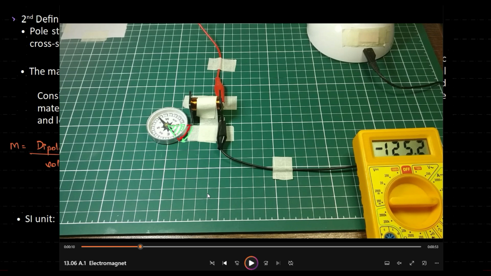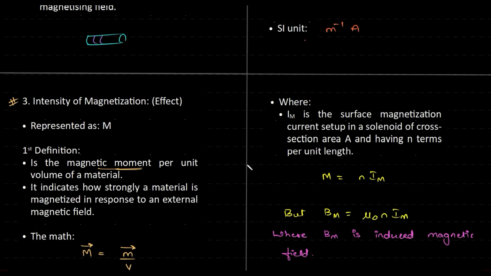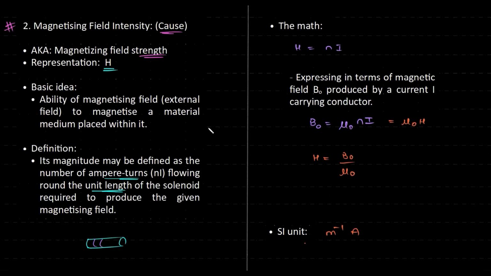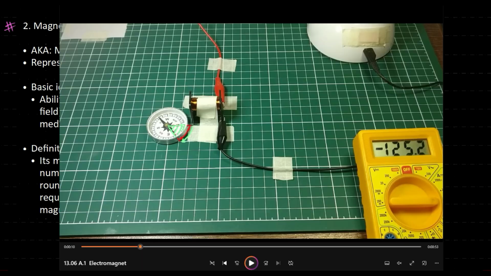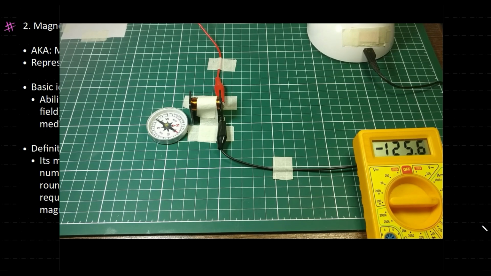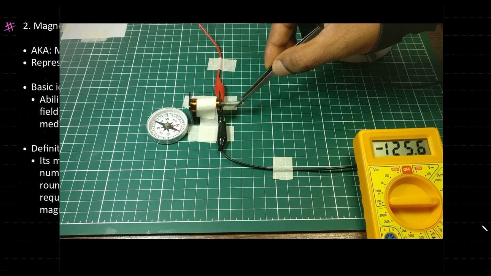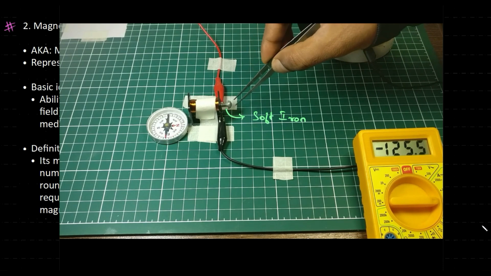So this is nothing but your magnetic field intensity, something to do with H. Now, in a second, something happens. The current is the same. Please look at the current.